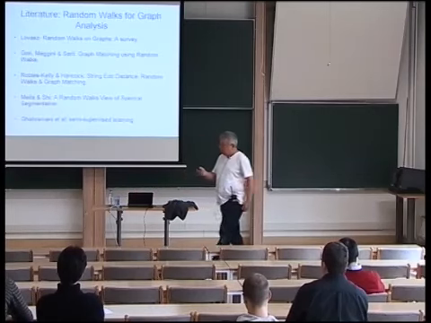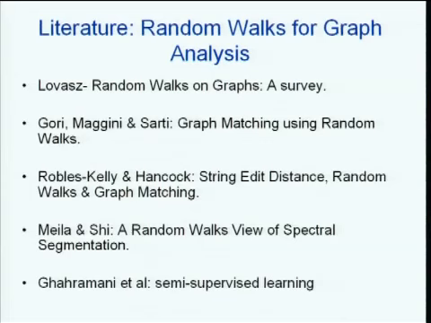So just to quickly review some of the related literature, what I've tried to do here is to touch on a number of areas. Lovász has prepared a very good summary and review of the properties of random walks on graphs and their links with the Laplacian spectrum. And then in the pattern analysis, computer vision, and machine learning communities, there have been a number of attempts to use Laplace spectra and random walks to develop a wide battery of algorithms.